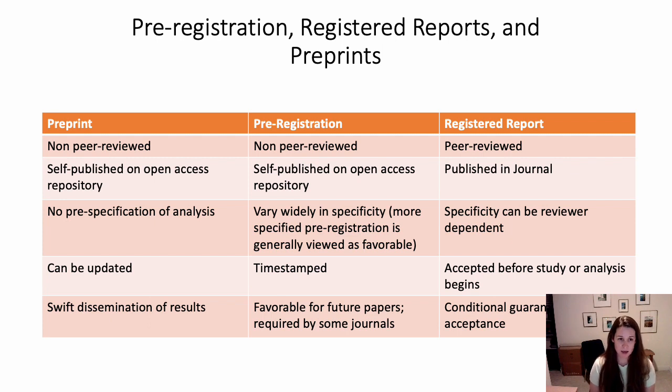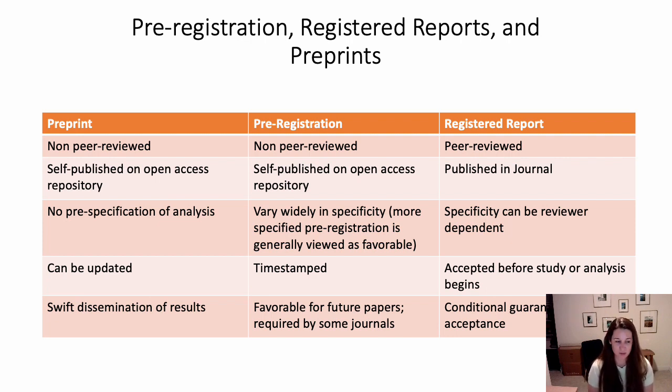Both can be updated, but one of the major points of the pre-registration is that it does say, okay, I'm going to timestamp it at this time on March 22nd, 2023, and I'm saying right now at this date and time, this is the study that I'm going to do, and these are the analyses that I'm going to do, and that timestamp allows you to say, I did indeed plan to do this months or years in advance before I started the study. And a registered report, again, should be accepted before studies or analysis begins.